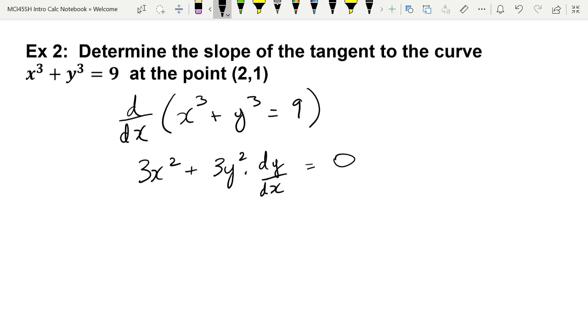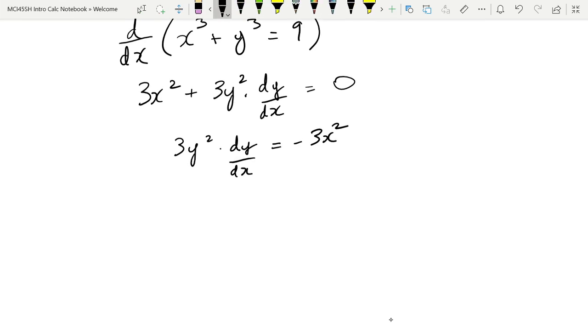What do I want to do? I would like to isolate for that derivative because that's what I'm looking for. The slope is the derivative. So I'm going to subtract 3x squared from both sides. I'm going to divide both sides by 3y squared.